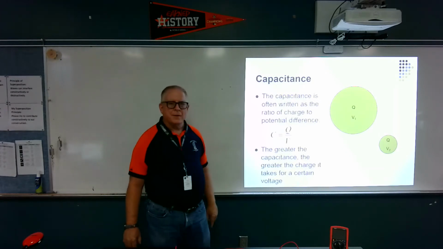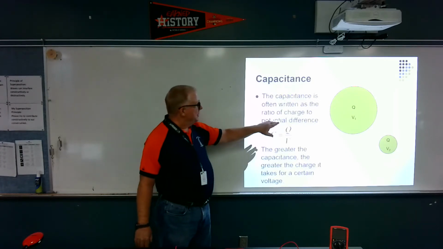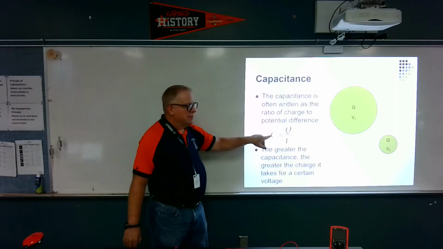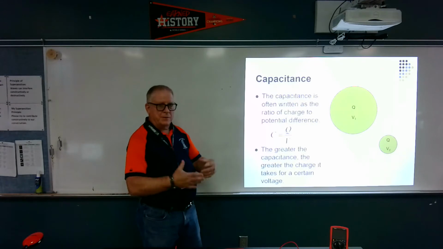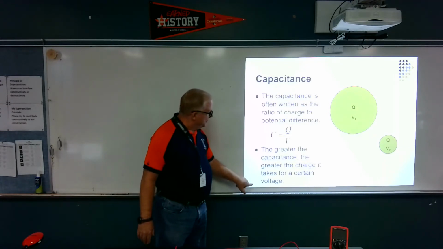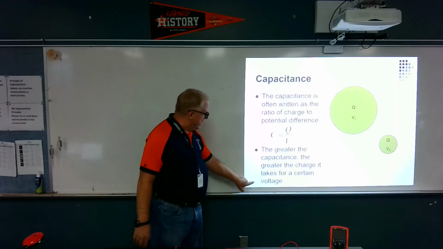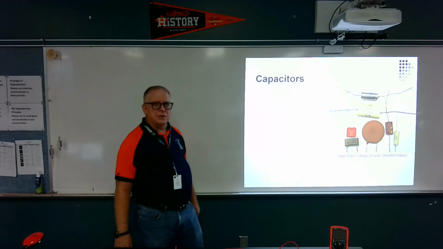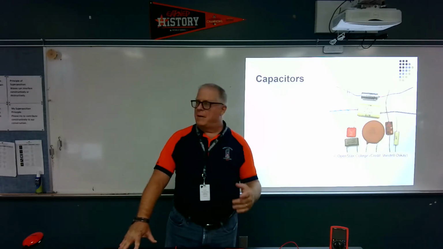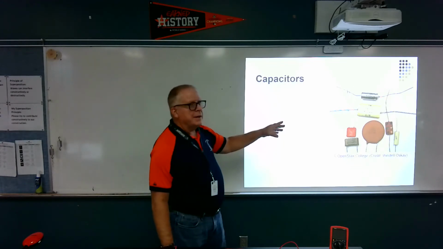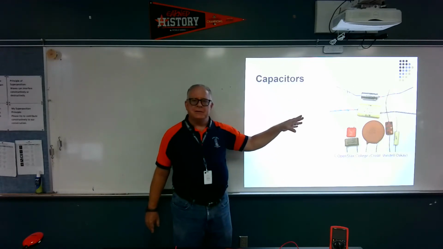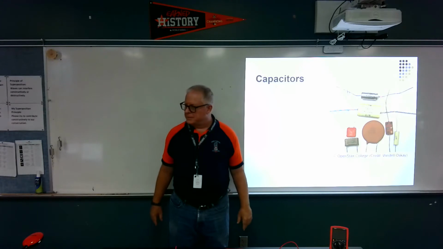There we go. Ratio of the amount of charge you put on a conductor to the potential relative to when there's no charge there. That's your capacitance. Now, capacitance is measured in a unit called a farad, named after Michael Faraday. And a capacitor is a device that uses this property of capacitance.